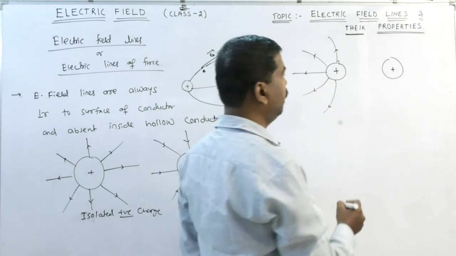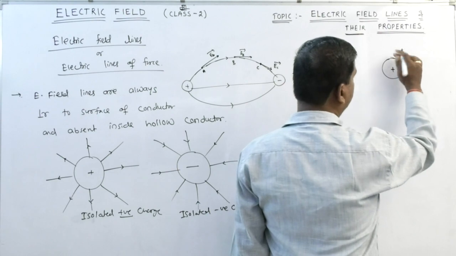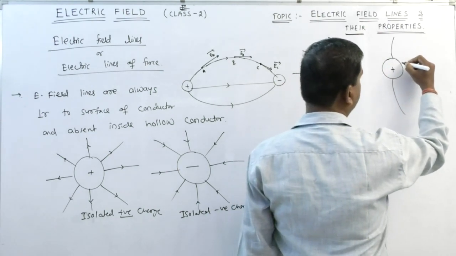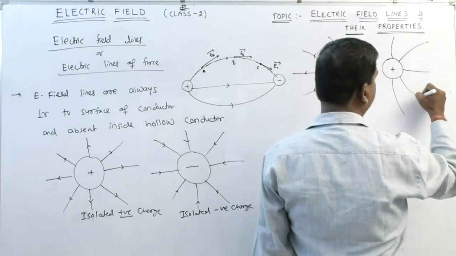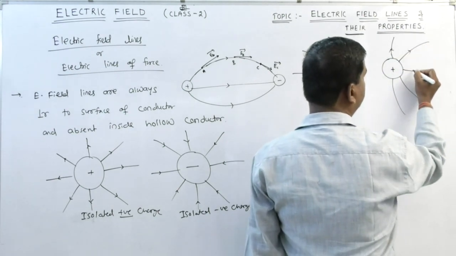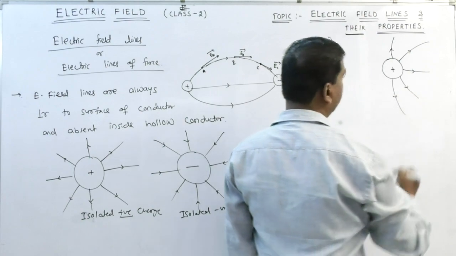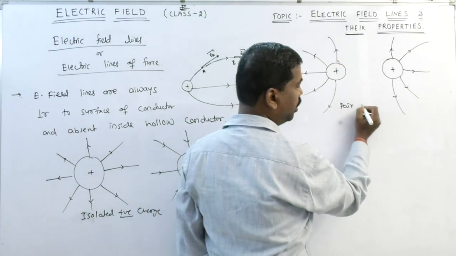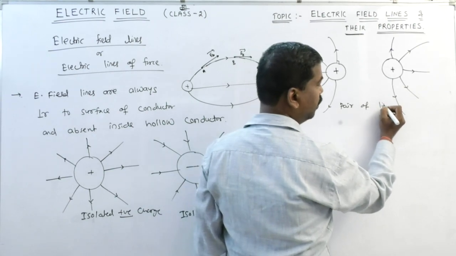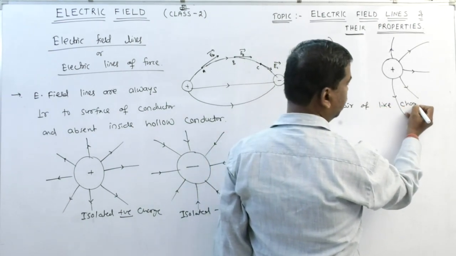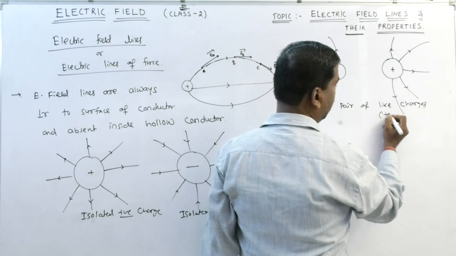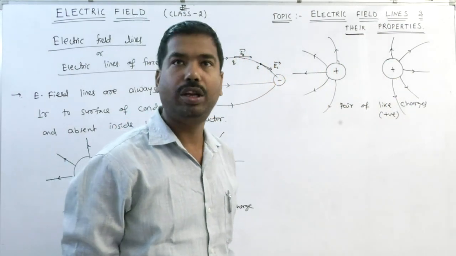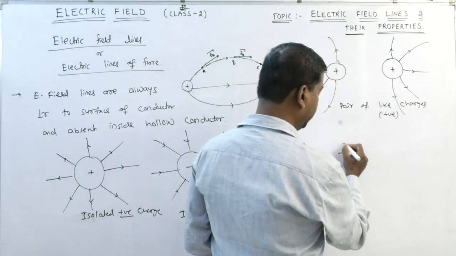Similarly, I can draw lines away from the positive charge. This is a pair of like charges. I have taken two positive charges, that's why I mentioned positive. Clear? Similarly, I can take negative charges.